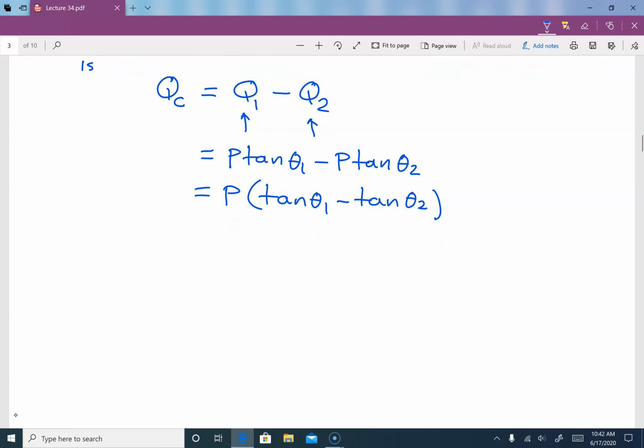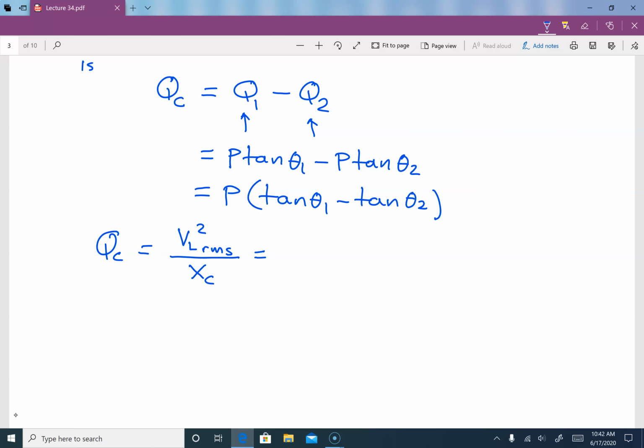So now, when we look at QC, that is equal to VL RMS squared divided by X sub C, right? This is how we can get a reactive power when the voltage across the reactance is known.